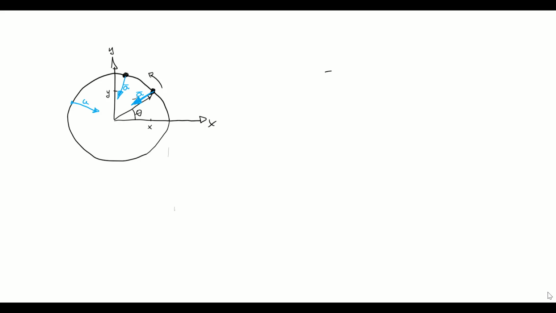So the way we're going to define this is, if I'm moving along some arc length like this, I can define an angular position that's essentially theta. So theta is my angular position, and it's essentially the distance in some measurement of an angle along that circle.